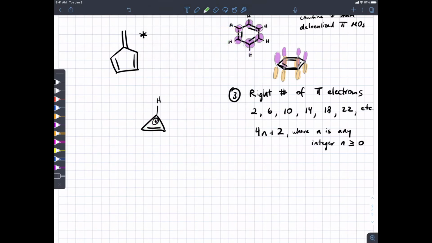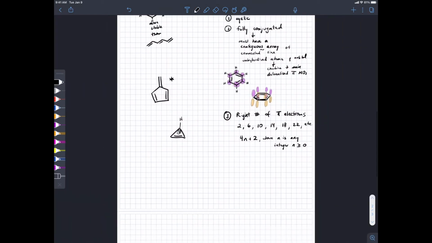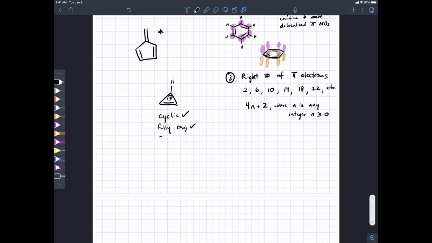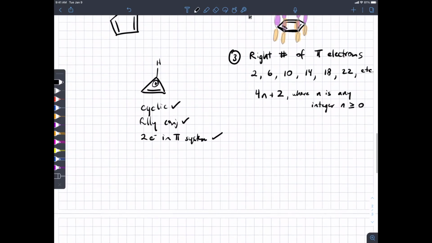So, this is a good example. Is it cyclic? Yes. Is it fully conjugated? Yes. Does it have the number of pi electrons from this list? Yes. It has 2 electrons in the pi system, and therefore it satisfies that criteria.